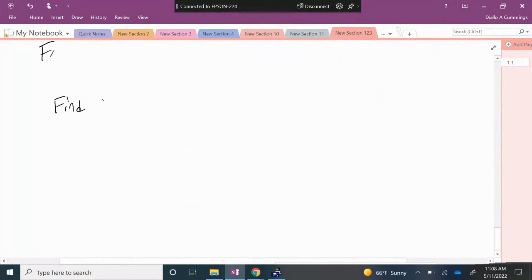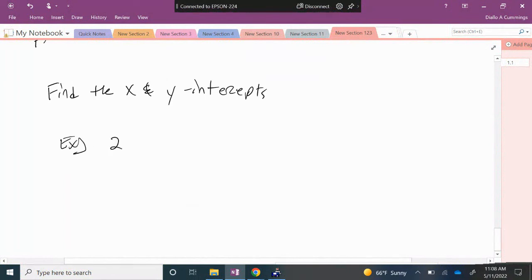Okay, so find the x and y intercepts: 2x plus 5y is equal to 10.